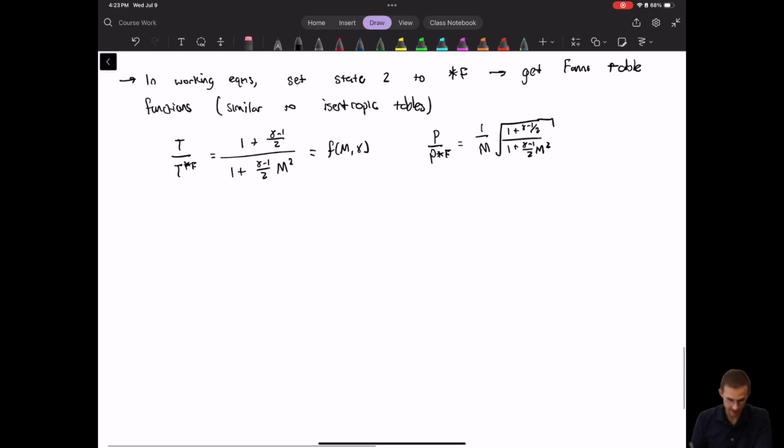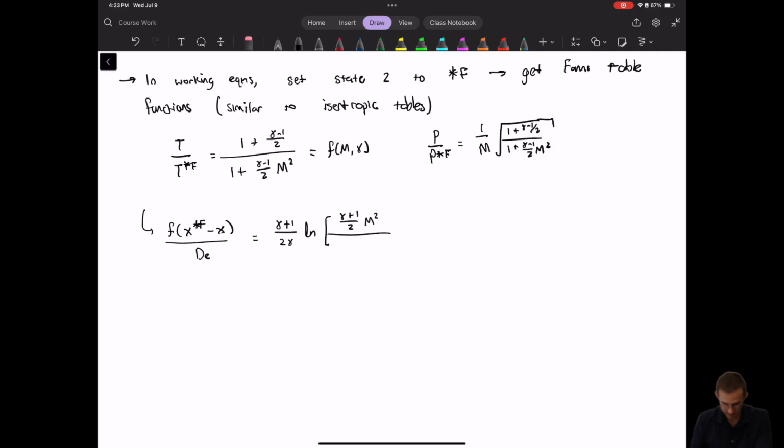An important one to write down is this guy, where we have f times (X star F minus X) divided by the effective diameter is equal to (gamma plus 1) over 2 gamma times the natural log of [(gamma plus 1) over 2 M squared divided by (1 plus (gamma minus 1) over 2 M squared)] plus 1 divided by gamma times the quantity (1 over M squared minus 1).